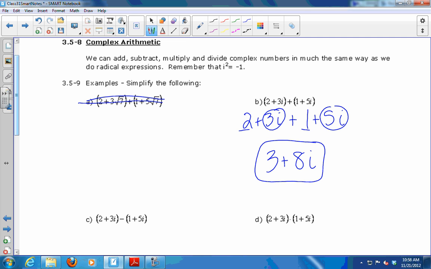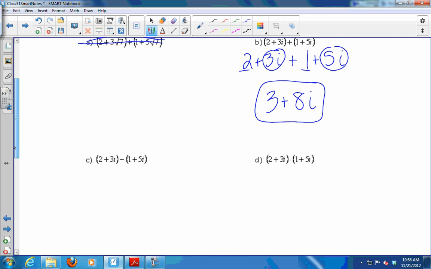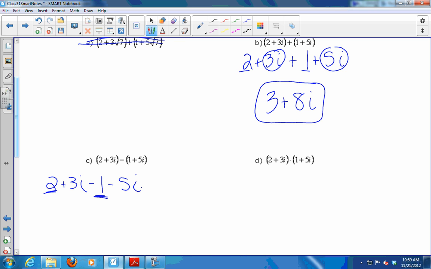Same thing for subtraction. All we have to do is remember to distribute the negative sign, just like we would if these were x's instead of i's. So it would be 2 plus 3i minus (1 plus 5i). Distribute the negative sign. And then combine like terms, right? I combine my real parts. 2 minus 1 is 1, and 3i minus 5i is minus 2i.